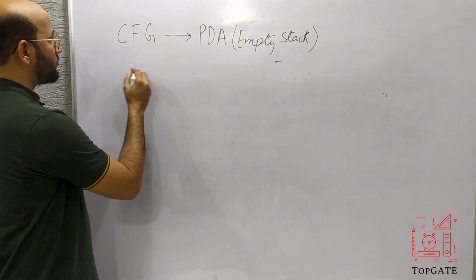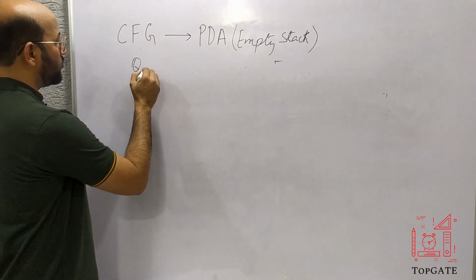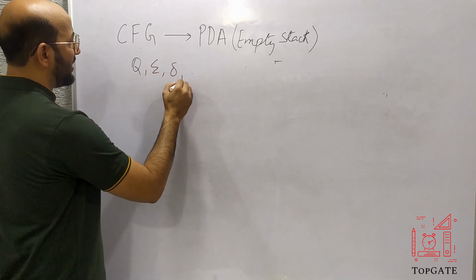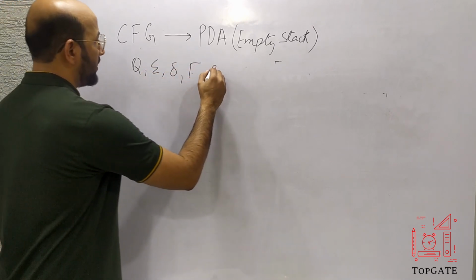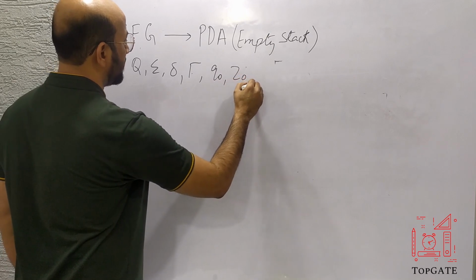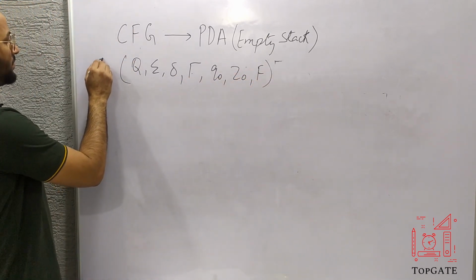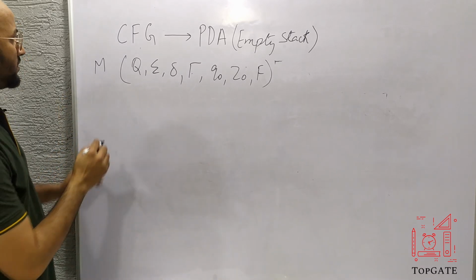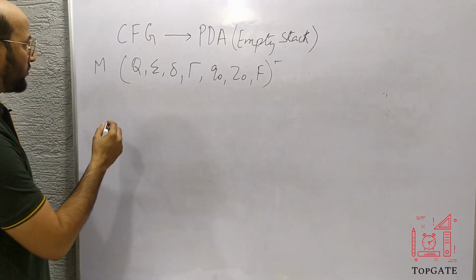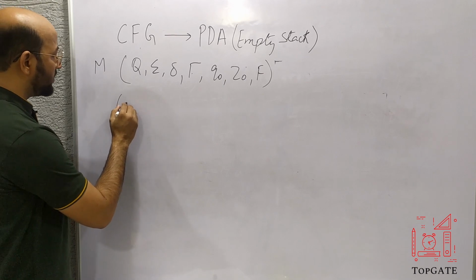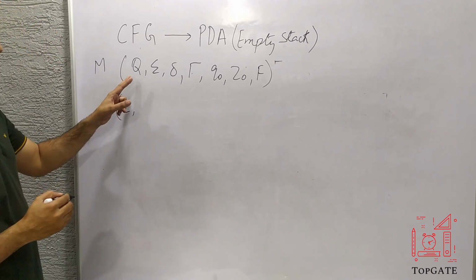Okay, so in a PDA what we have is Q, sigma, delta, tau, Q naught, Z naught and F. Okay, so this is normally in a PDA, but we are converting this CFG to PDA. Then what we'll have in here is a small q, that is we'll be only having a single state.